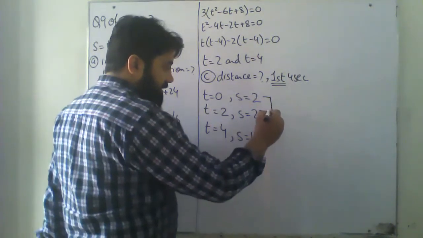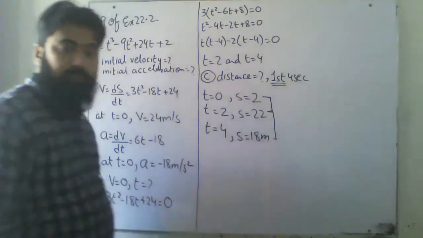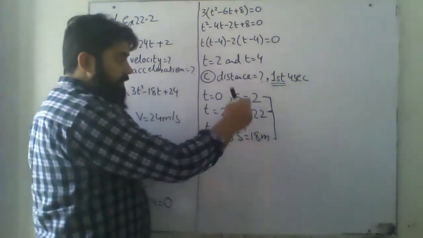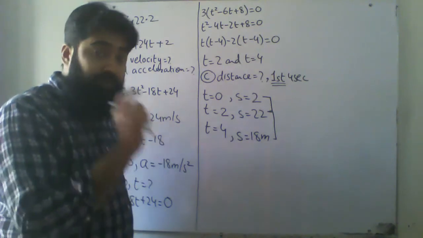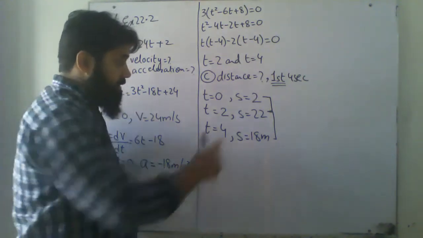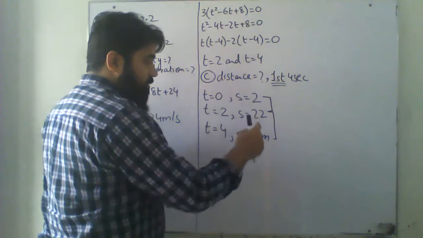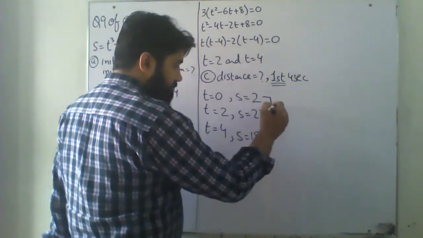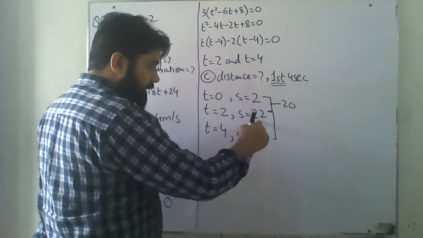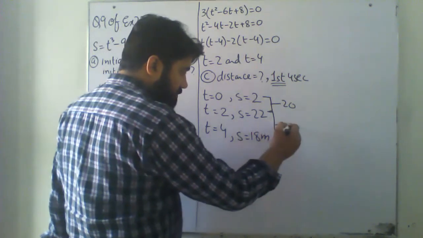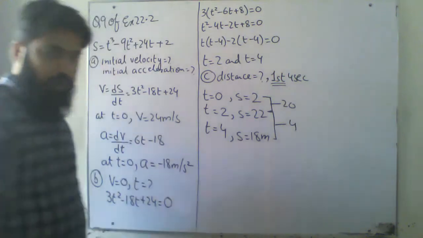Take their differences. Okay. What is the difference between 22 and 2? I'm not saying first one from second one or second one from first. I'm just saying take their differences. So 22 minus 2 will be 20. 22 minus 18, 4.